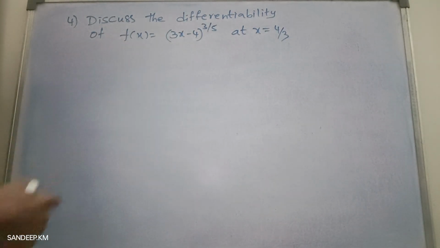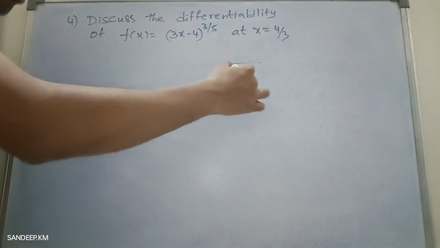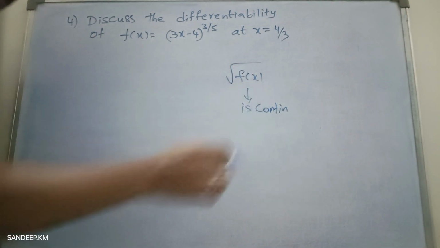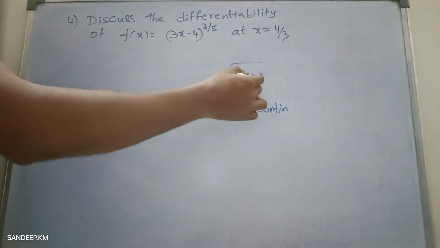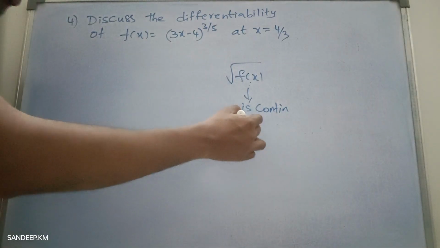Since I know that it is a continuous function, I'm just going for it, because root of f of x is continuous. Generally, if f of x is a polynomial, then root of f of x is continuous in its domain.